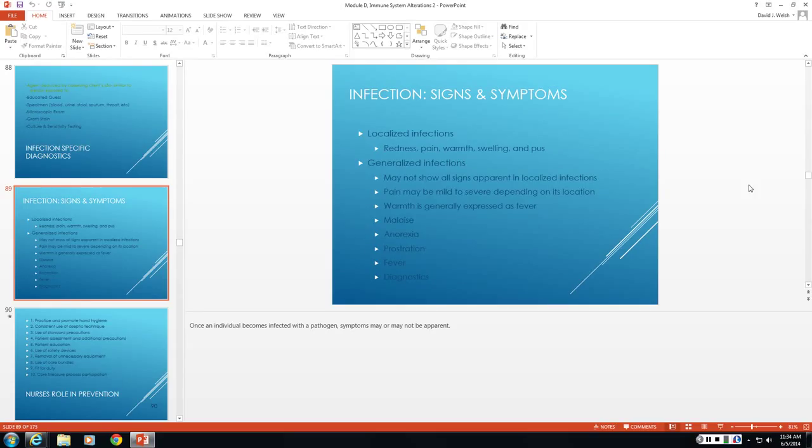Warmth is generally expressed as a fever. It could show signs of malaise, anorexia, prostration, fever, diagnostics. So remember, once a person becomes infected with a pathogen, their symptoms may or may not be apparent at that time.